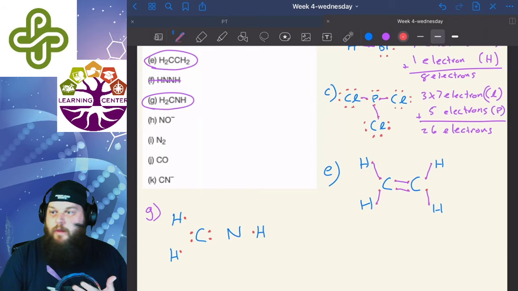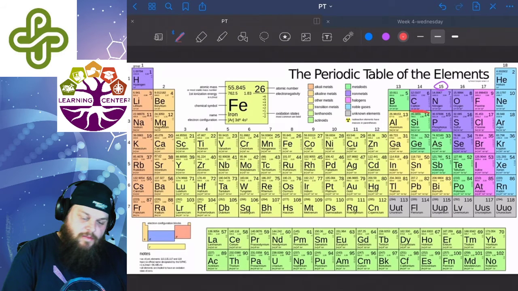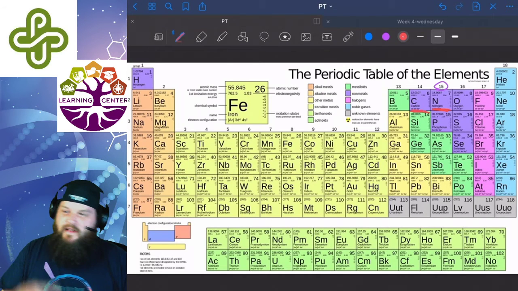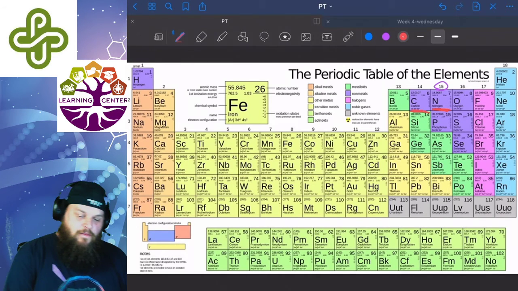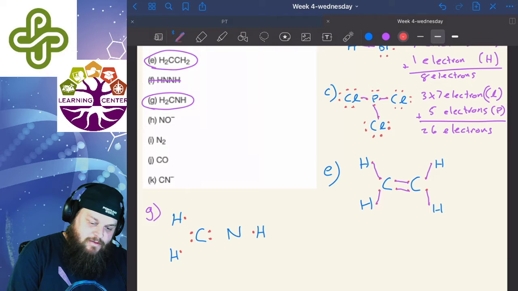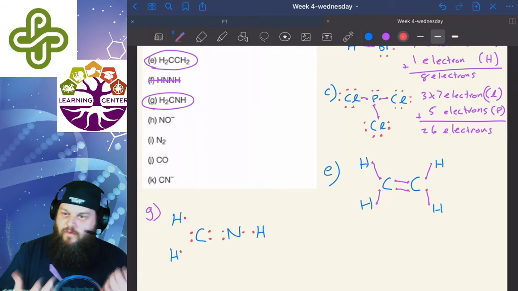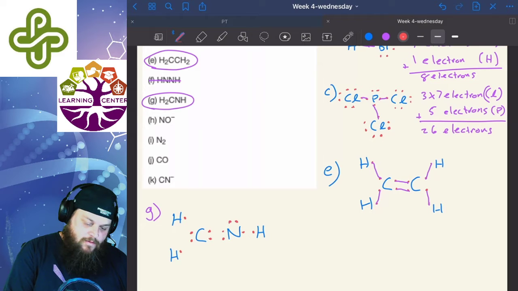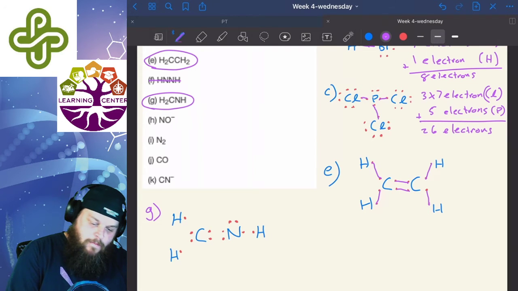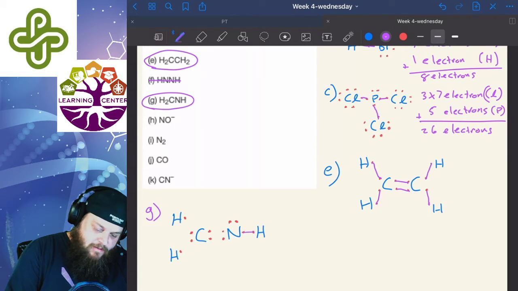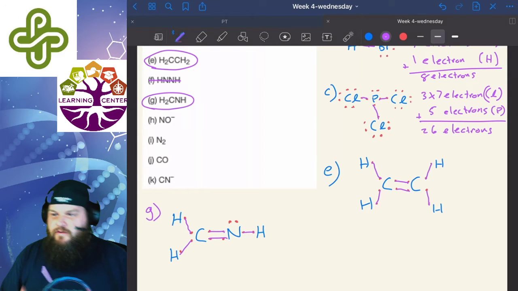Now we have to find out how many nitrogen has. Jumping to the periodic table, we see nitrogen is in group 15, which means it's going to have 5 valence electrons. Those 5 valence electrons, I'm going to put 3 of them pointing out towards the other ones, and then 2 more floating up above. If we connect our dots now, we get this nice Lewis structure for it.